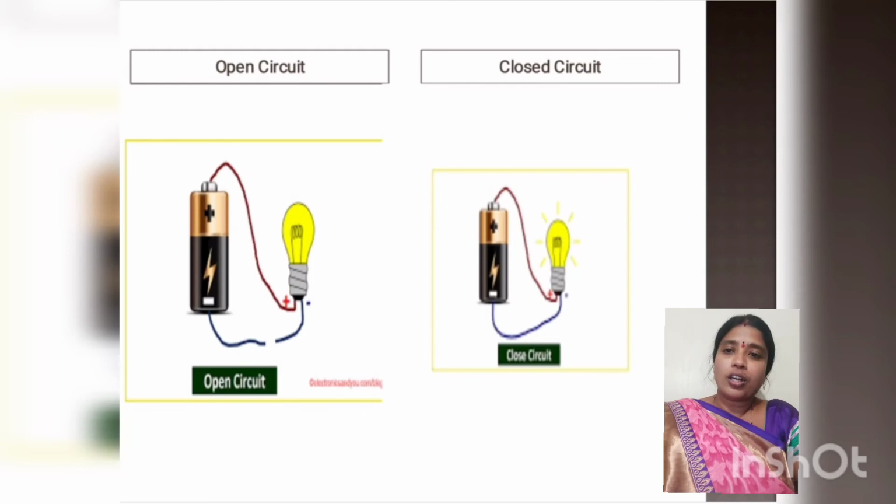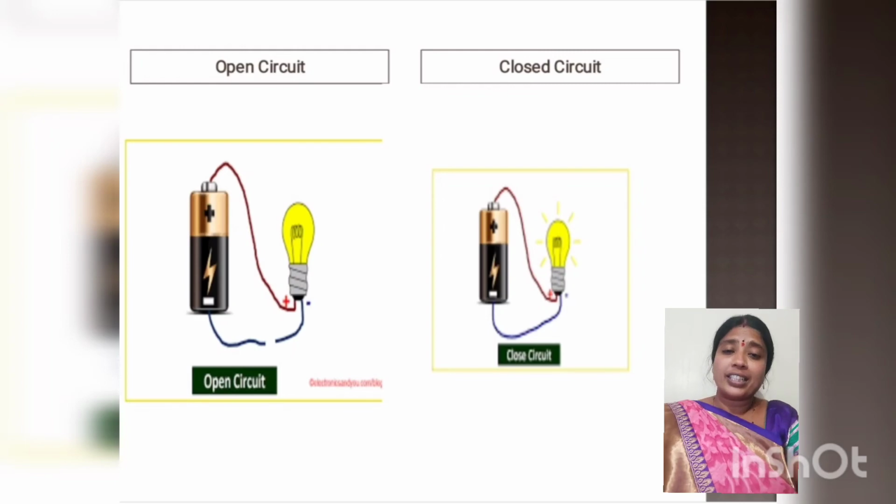And the image on the right hand side is about a closed circuit. In that you can see the bulb is glowing, and in case of open circuit, as there is no flow of current, there will be no glow in the bulb. But when the circuit is closed, there will be flow of current, so definitely the bulb will start glowing.